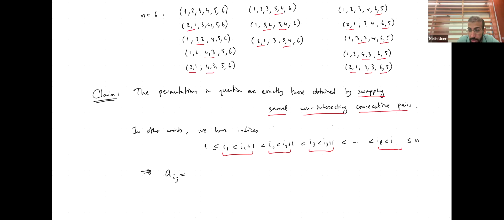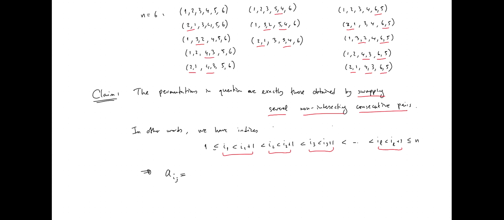What I mean by these indices I1, I2 is the indices that will be swapped. So for example, here 2, 1 and 3, 4 are swapped. So this is 1, this is 2, this is 3, this is 4. For this example, 1, 2, and 4, 5 are swapped. So I want to say A1 is 2, A2 is 1, A4 is 5, A5 is 4.